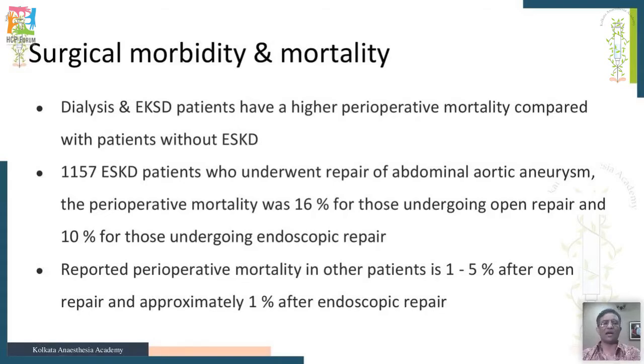One of the classic references is this study of 1,157 patients who underwent major surgery like abdominal aortic aneurysm repair. The perioperative mortality for open repair was 16%, and 10% with an endoscopic repair. This is possibly 4 or 5 times higher than the normal expected morbidity and mortality rates.